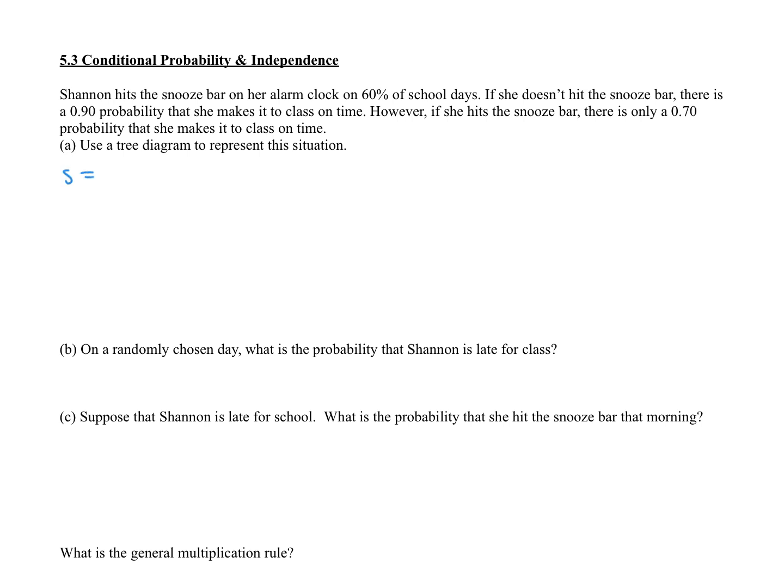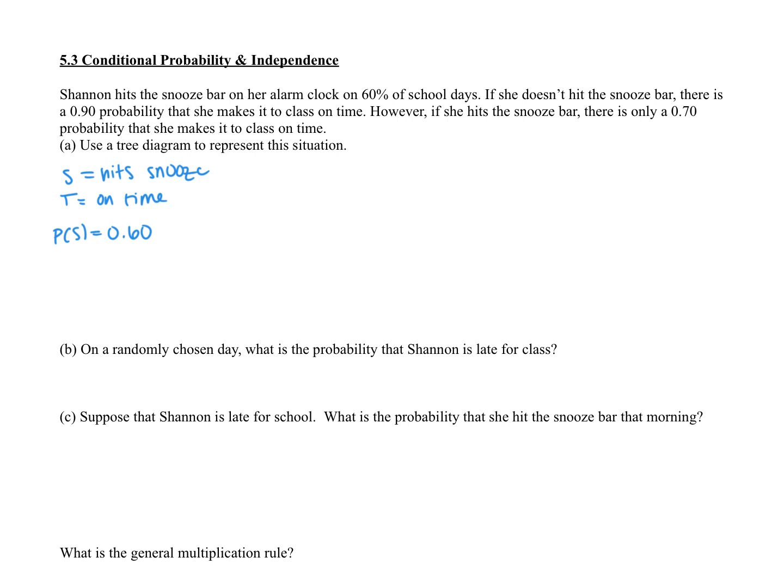So there are only two things happening here. I'm going to use S to be she hits snooze, and T to be she's on time to class. It says she hits snooze on 60% of school days, so the probability of hitting snooze is 0.6.